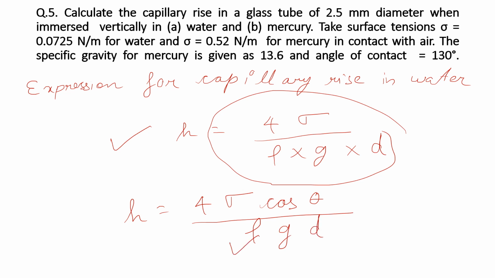This is density, acceleration due to gravity, and of course the diameter. This expression can be used for both capillary rise and capillary fall, because it all depends on whether the value of cos theta comes out positive or negative. So let's start this problem.